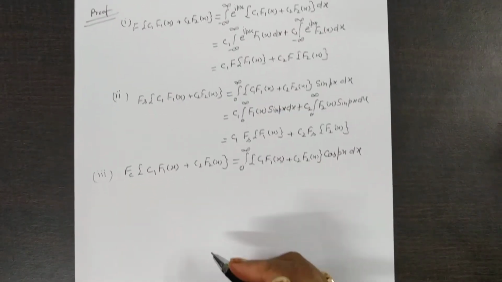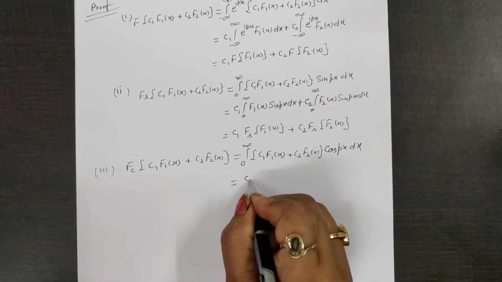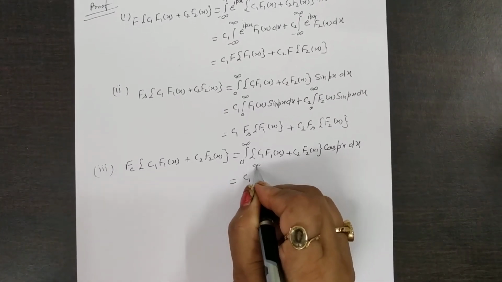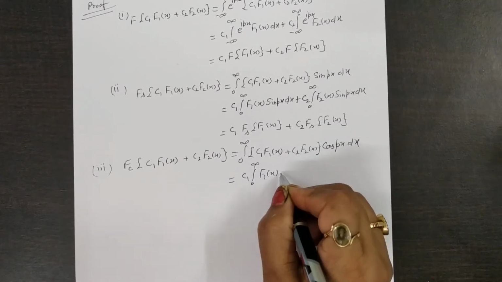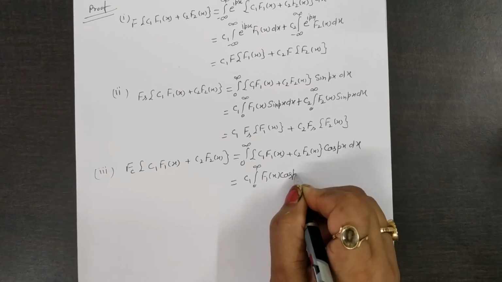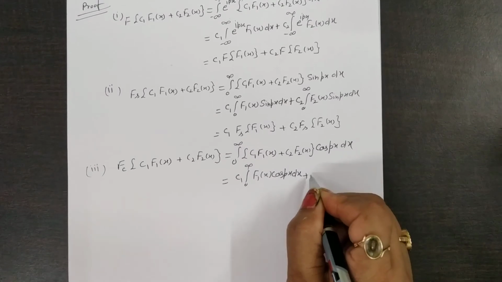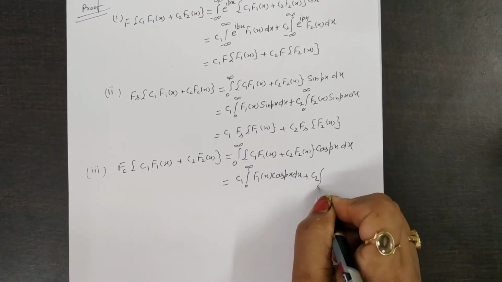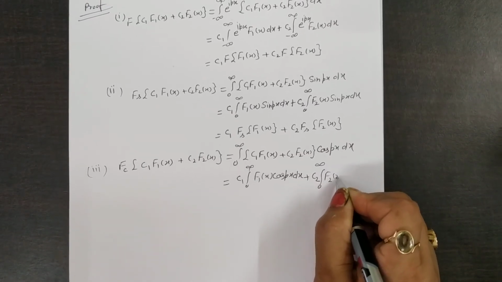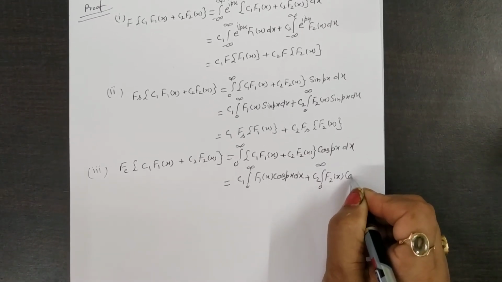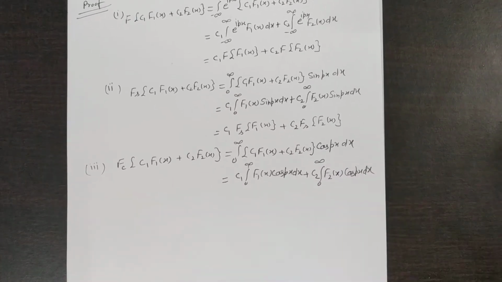Clear? Now this can be written as c1 times the integral from 0 to infinity of f1(x) cos(px) dx, plus c2 times the integral from 0 to infinity of f2(x) cos(px) dx.